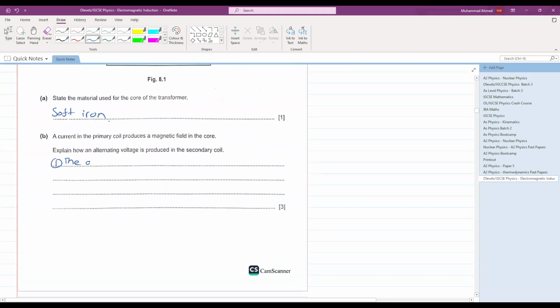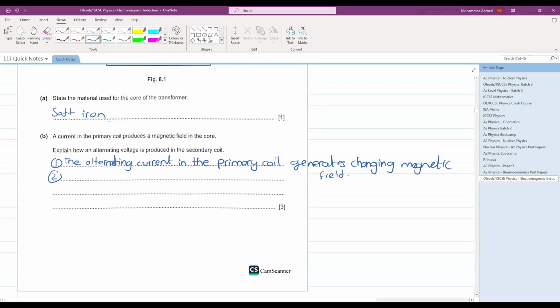The alternating current in the primary coil generates a changing magnetic field.